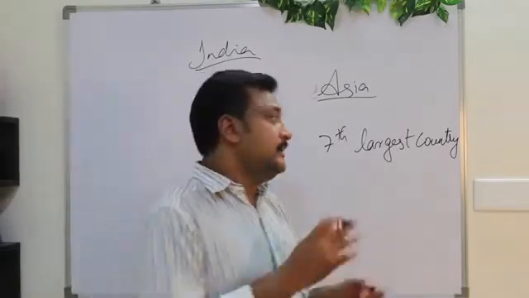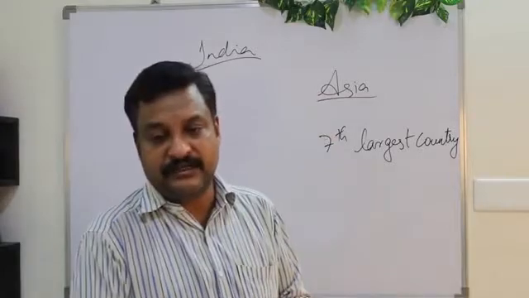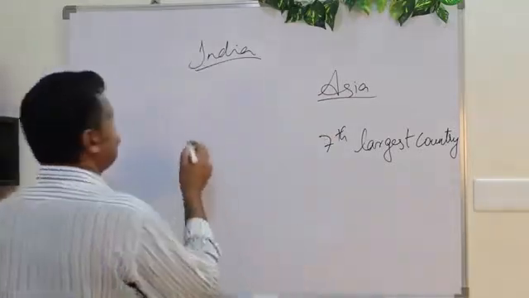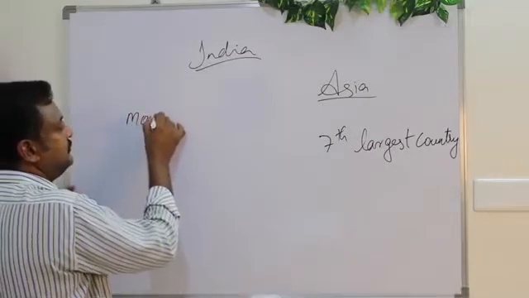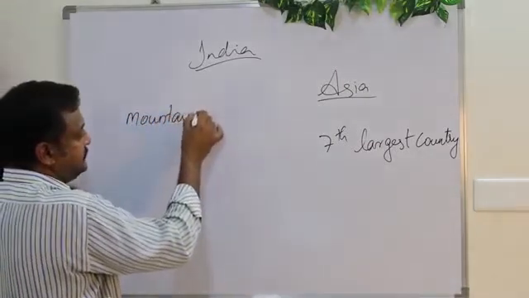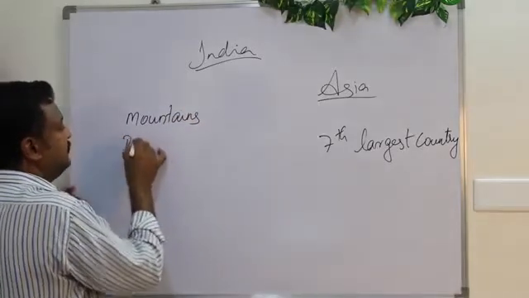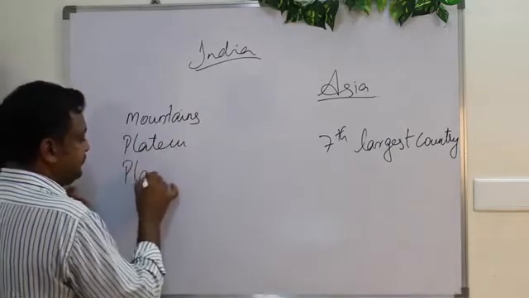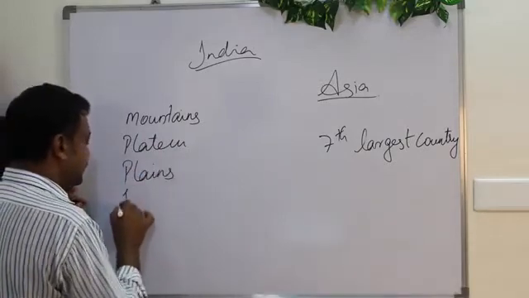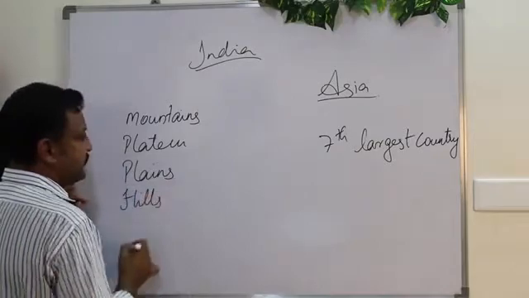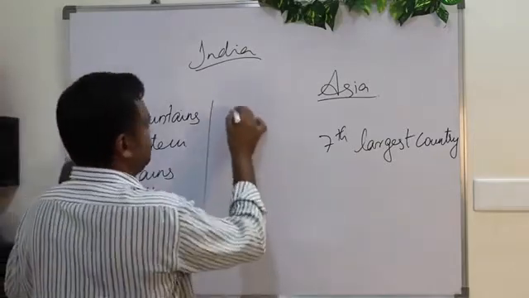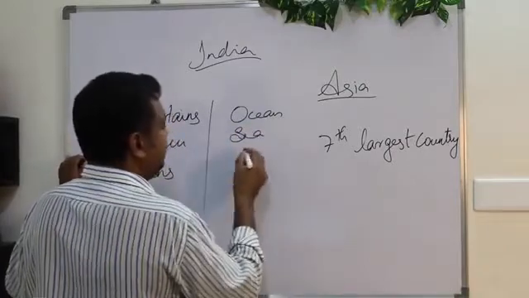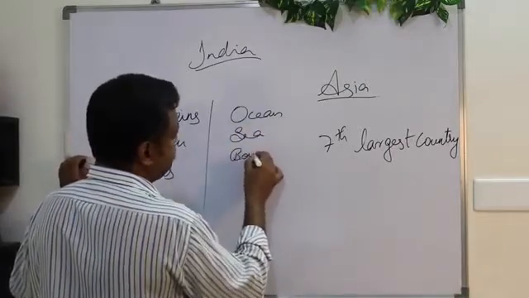Right? And India has almost all the major physical features. We have mountains in India. We have a plateau. We have plains. We have hills. Then we have ocean. We have a sea, Arabian Sea. We have the Bay of Bengal.